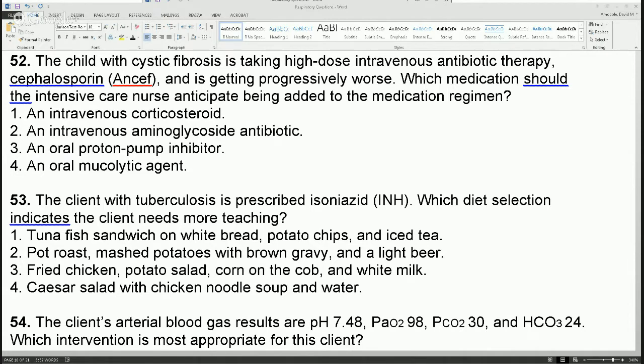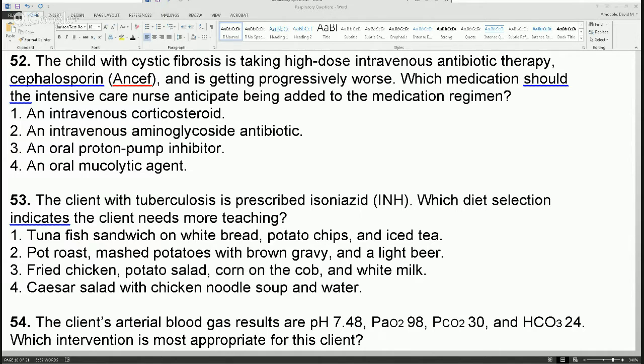Ooh, this is a good one. I think you realize we're in the medication section now, by the way. 2, it is not 2. 4, it is not 4. The answer is 1. Steroids are prescribed when pulmonary symptoms are unresponsive to antibiotics to help decrease the inflammation in the lungs.